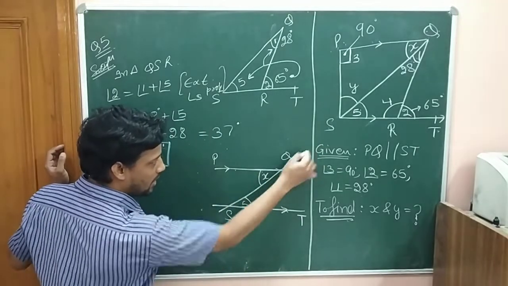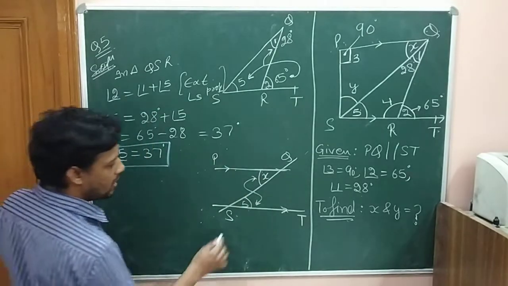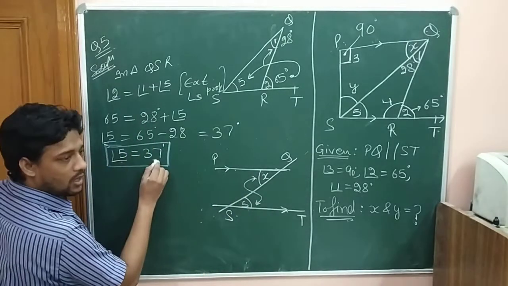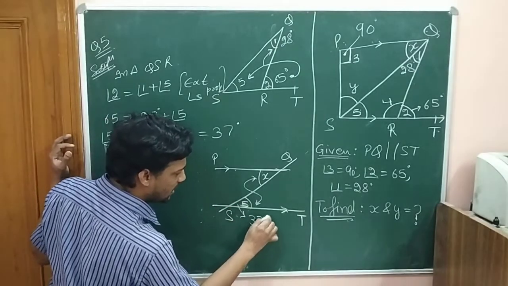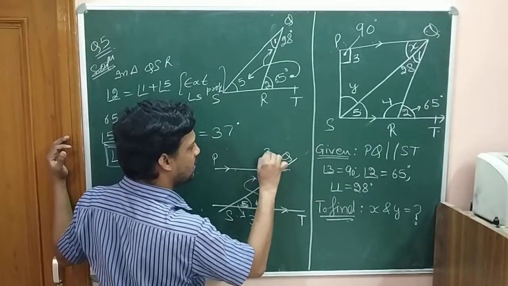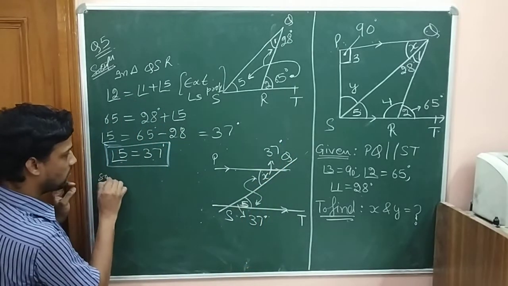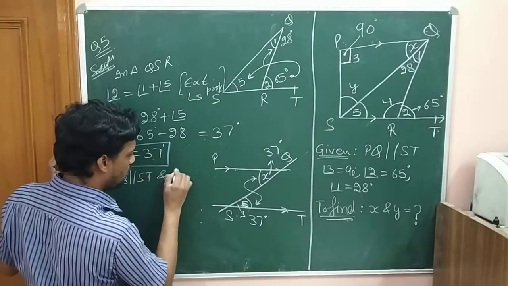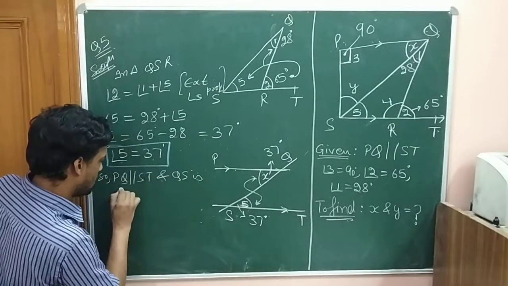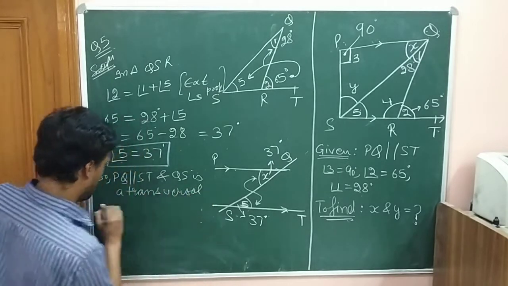If both lines are parallel and this is a transversal, it means x and 5 both are alternate interior angles. We have already found that angle 5 is 37. If this angle is 37, this angle is also 37 by alternate interior angles. So PQ parallel to ST and QS is a transversal.